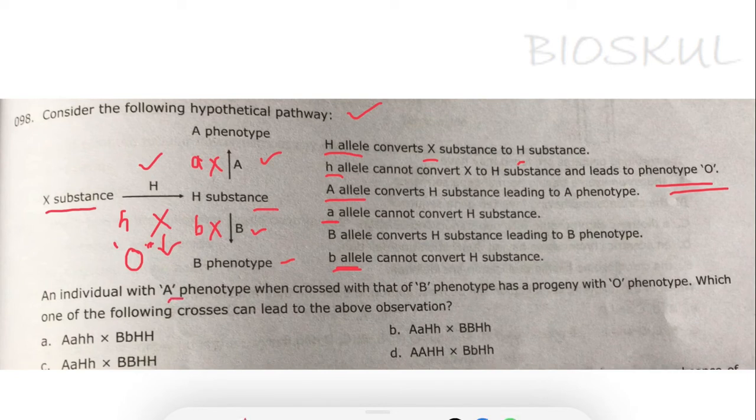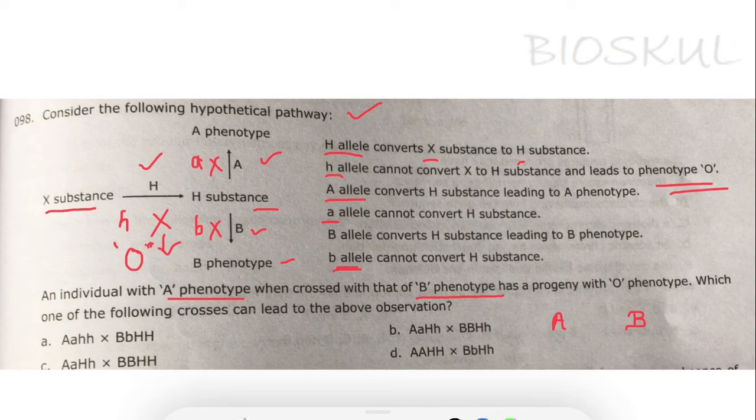An individual with A phenotype must have A allele in dominant form. When crossed with another individual that has B phenotype, that means the individual should have the B allele in dominant form, right?